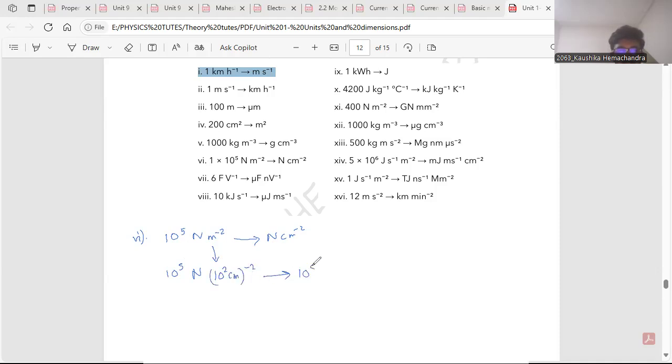So 10 to the power 5 newtons into 10 to the power 2 times minus 2. That's 10 to the power minus 4 per square centimeter. So that's 10 to the power 5 minus 4, 10 to the power 1 newtons per square centimeter. 10 newtons per square centimeter.